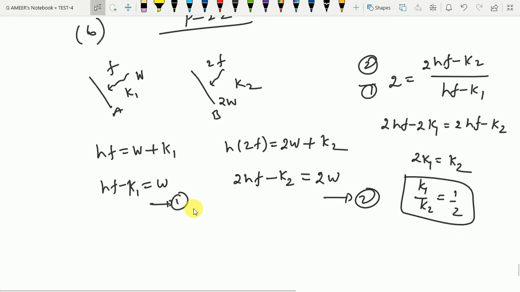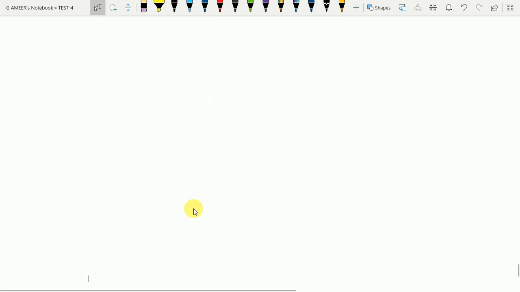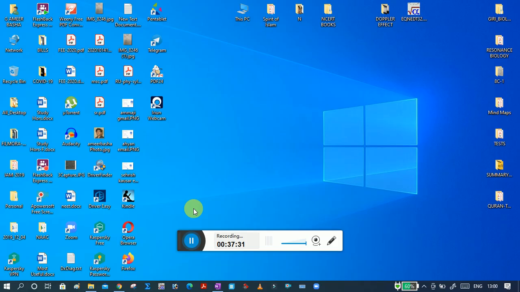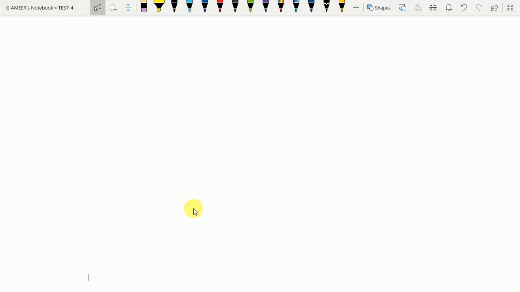The 23rd question they have given: which of the following best represents the maximum kinetic energy versus frequency? We know that h nu is the incident energy, then the work function and kinetic energy.